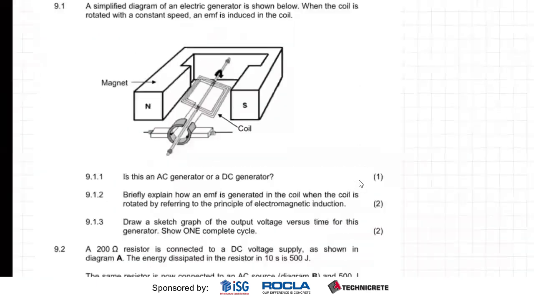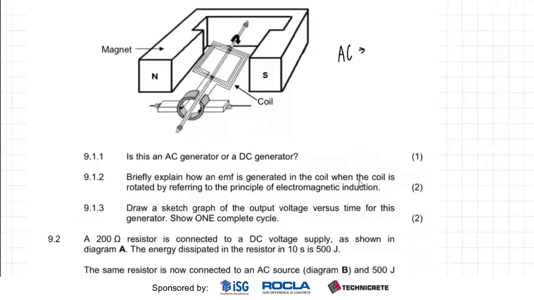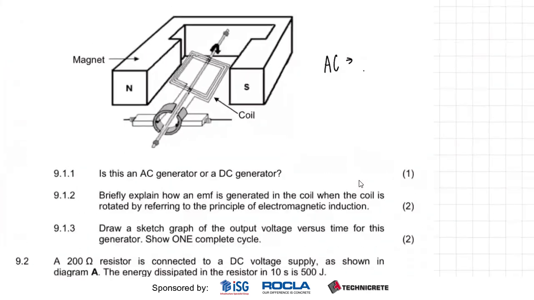In an AC generator, we know that the armature stays still and the magnet rotates. In a DC generator, the armature rotates and the magnet stays still.